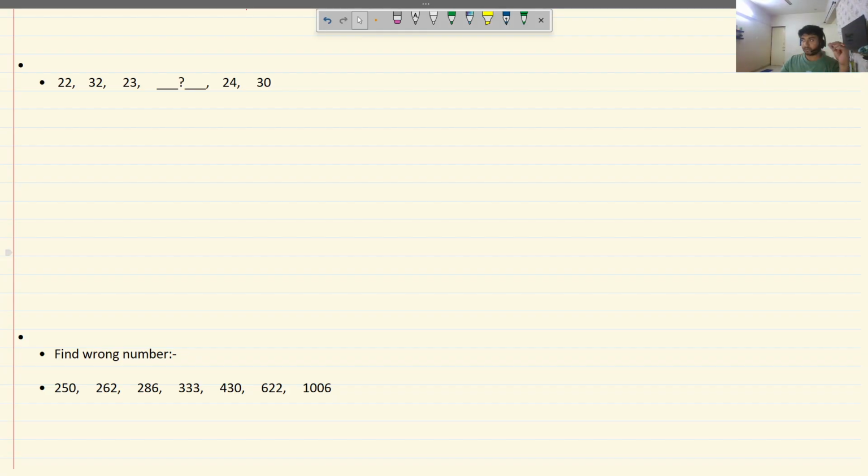This is a fairly easy one. Okay. So here I can see that the jump between the numbers is almost not there. So there cannot be any multiplication, cubes or squares involved.